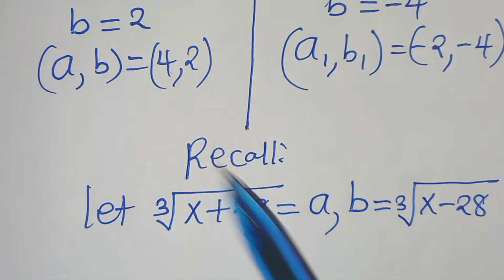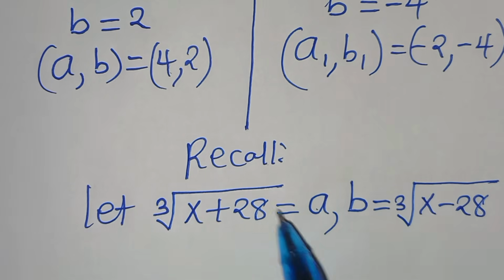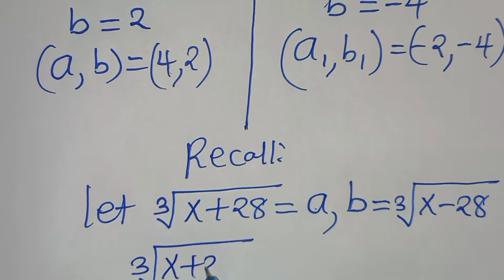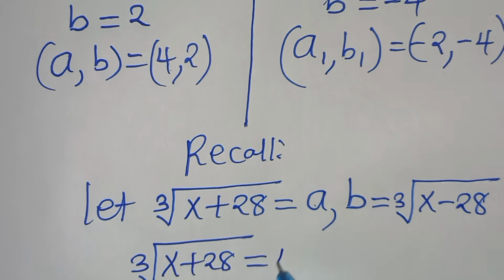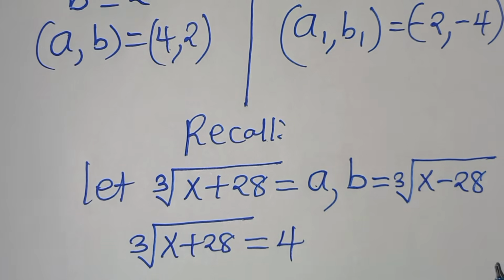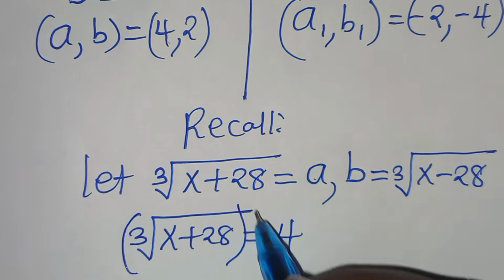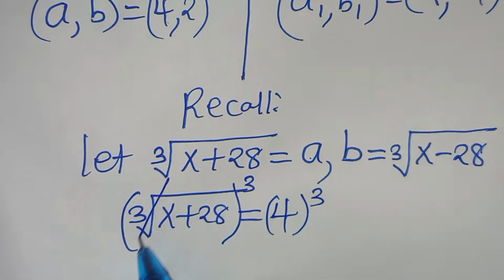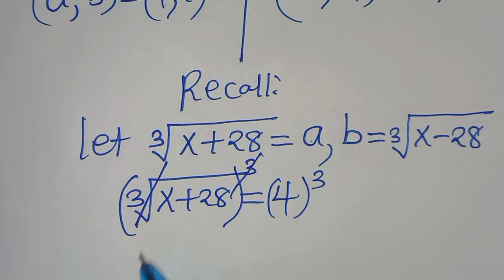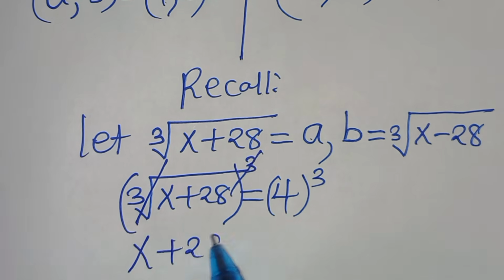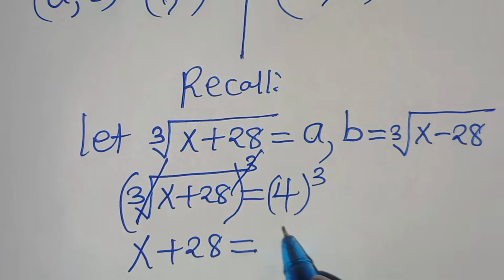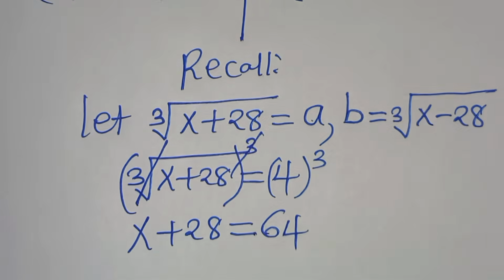So from case 1, we have a is equal to 4. So the cube root of x plus 28 is equal to 4. So let's raise to the power of 3 on both sides, so that we eliminate the cube root sign and we have x plus 28 equal to 4 to the power of 3, which is equal to 64.